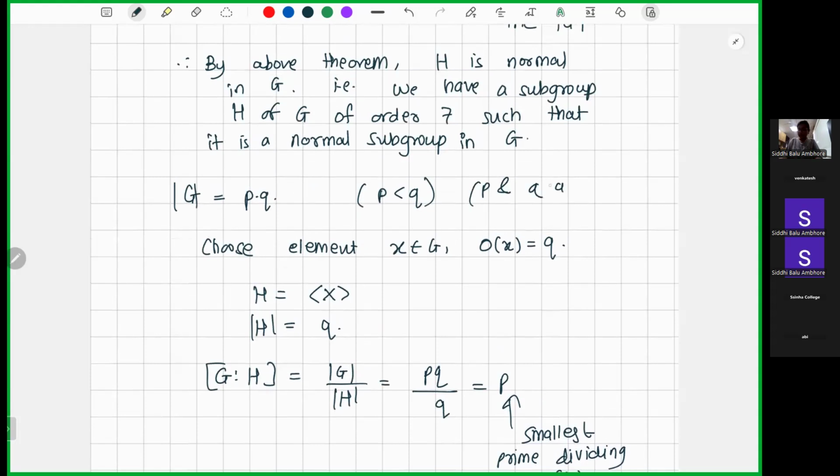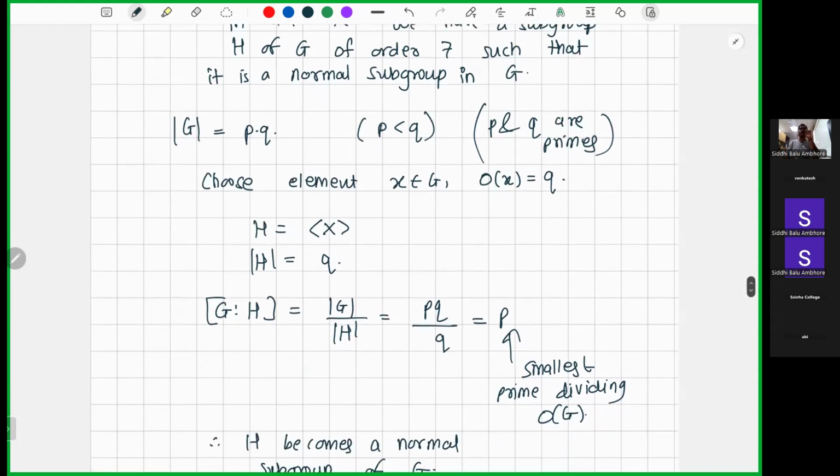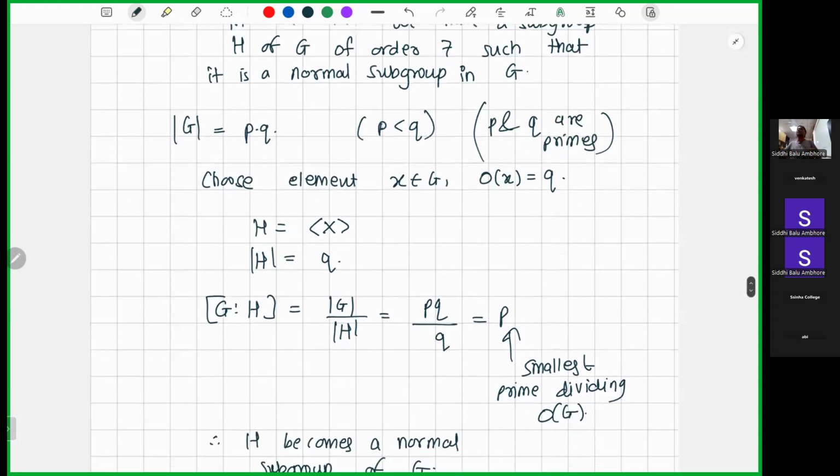If I have G of order PQ, then we have a normal subgroup of order Q. When I say a normal subgroup of order Q, I am starting with the assumption that P is less than Q. Is this okay?